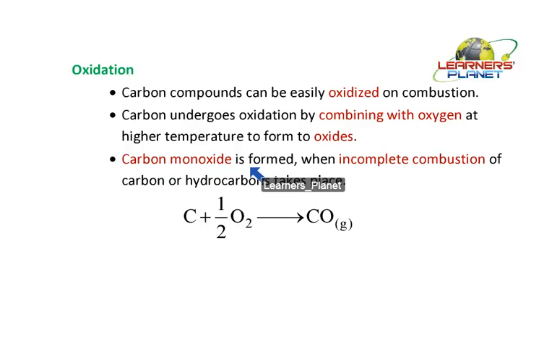Carbon monoxide is formed when incomplete combustion of carbon or hydrocarbons takes place. So, incomplete combustion means it is taking place in the presence of insufficient oxygen. Then carbon monoxide is formed.